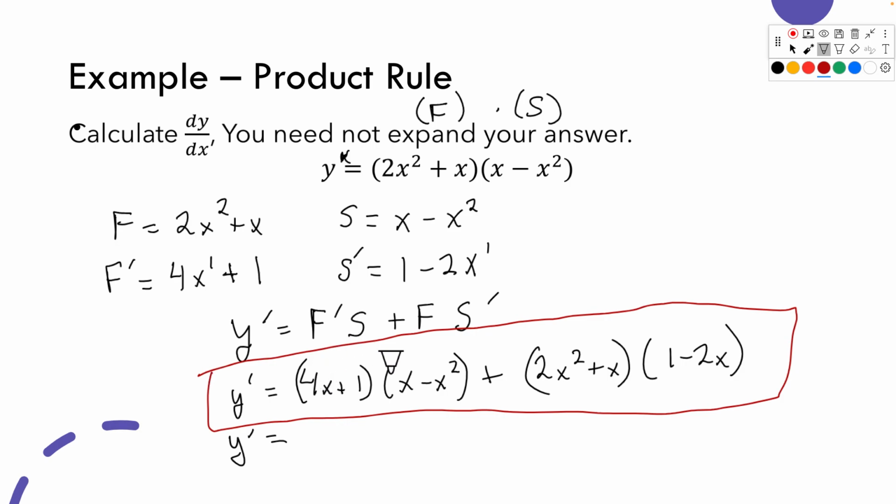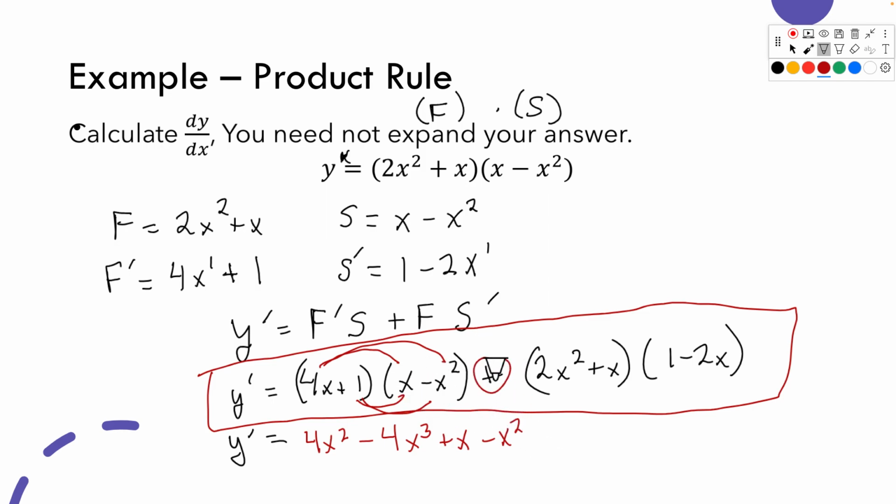So, okay, multiply 4x times x, that's 4x squared. 4x times x squared is going to be minus 4x to the third. So I did this first, and then I did that one. And then I've got 1 times x, so that's plus x. And then I've got 1 times negative 2x. So that's the first part.